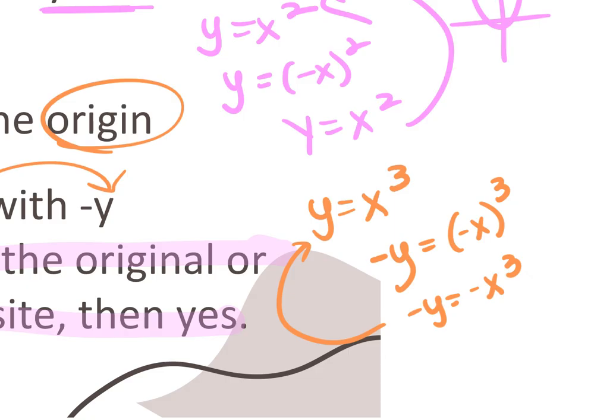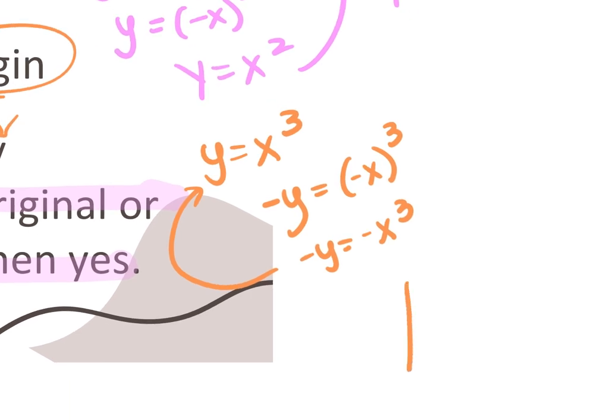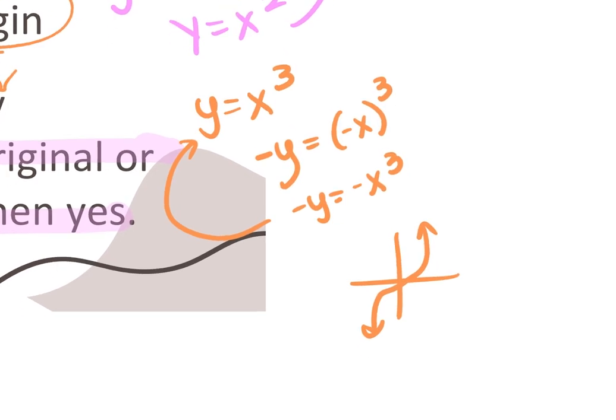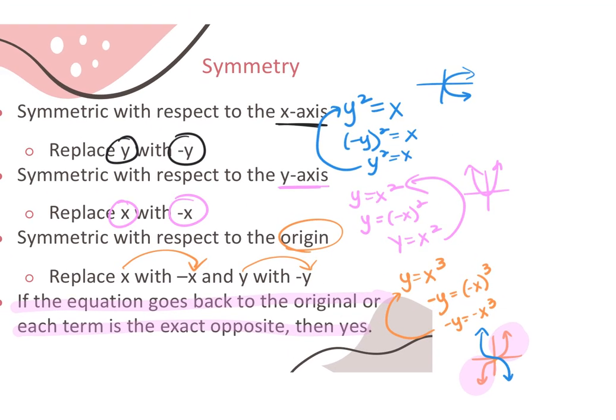If all the signs change, then it also passes. So this graph, which looks like this, would be symmetric with respect to the origin. Origin means everything happening in the top right quadrant is flipped to the bottom left. If it was top left, like if it was a negative x to the third, it would look like this. That would also have symmetry with respect to the origin. Top left flips down to bottom right. Still good?